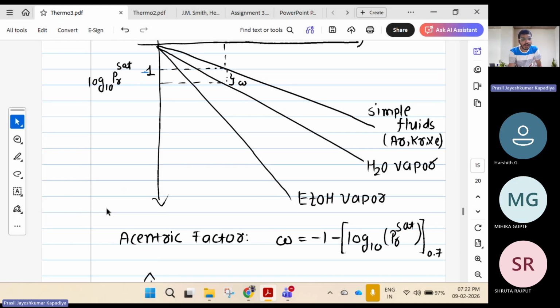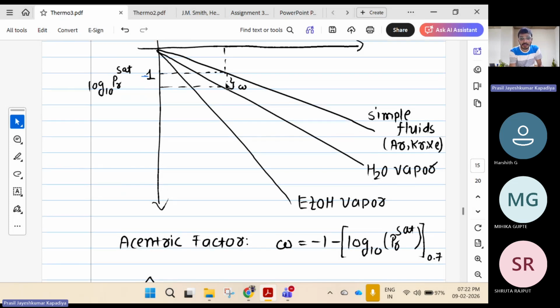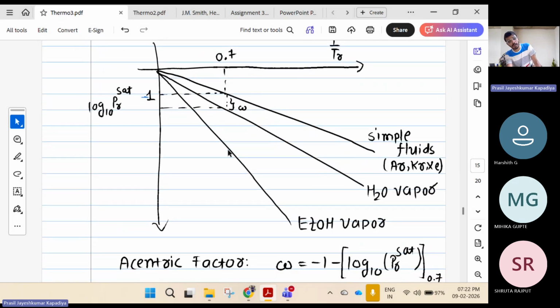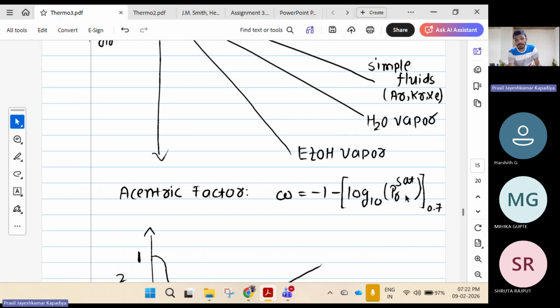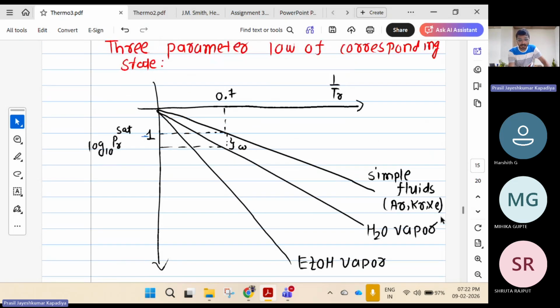Eccentric factor is defined as omega. Omega is defined as minus 1 minus this particular value, the log10 PR sat at TR equal to 0.7. So this is defined as the eccentric factor.